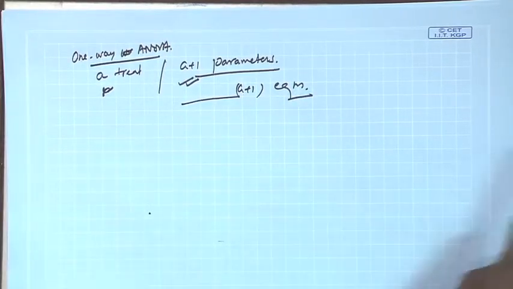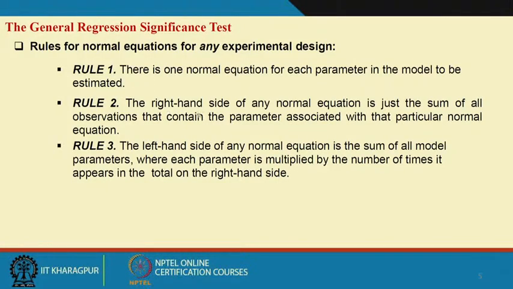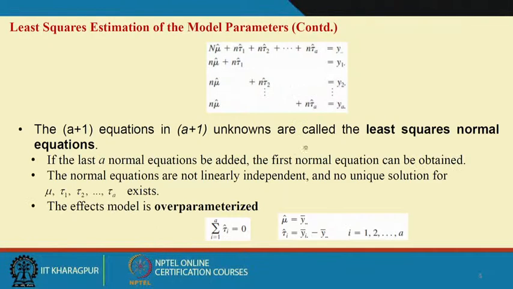Then, the right hand side of any normal equation is just the sum of all observations that contain the parameter associated with that particular normal equation. See here, the right hand side is what? The sum of all observations, because this equation is with respect to mu.